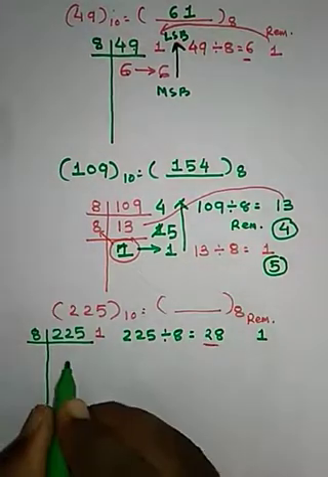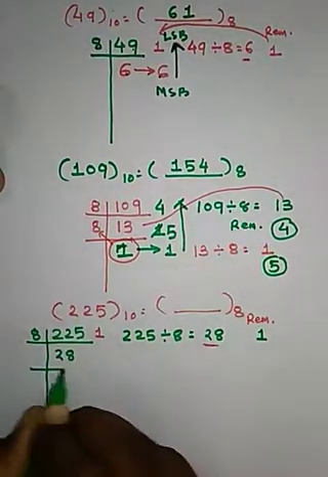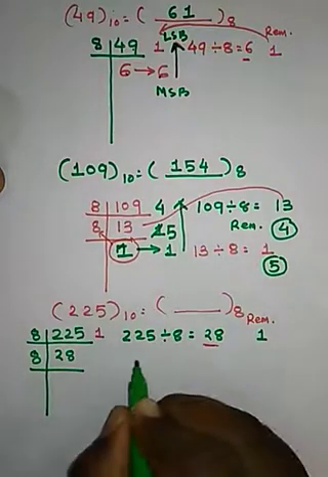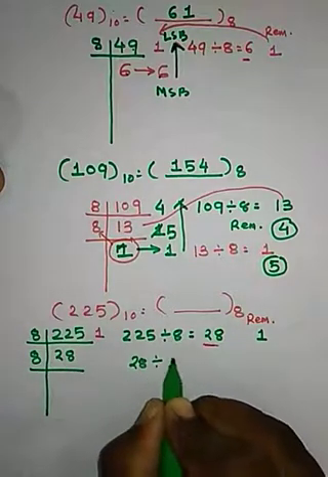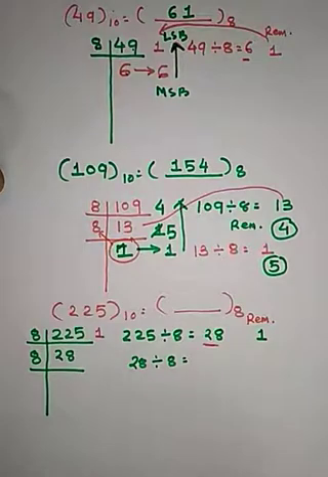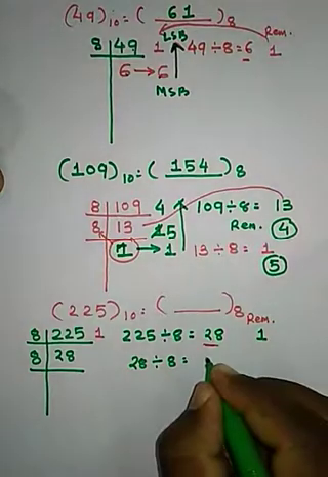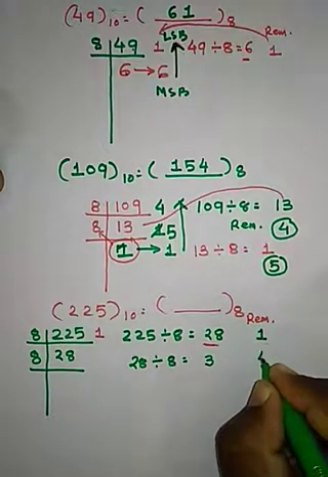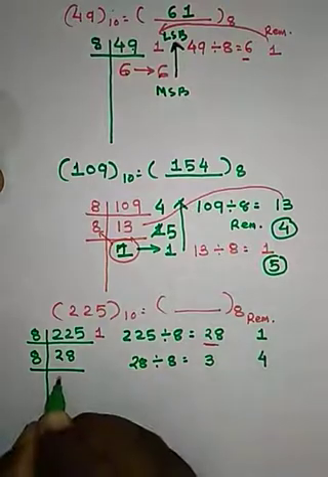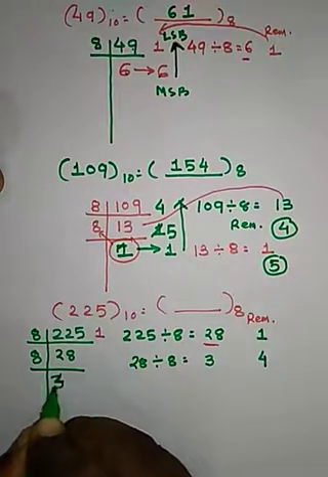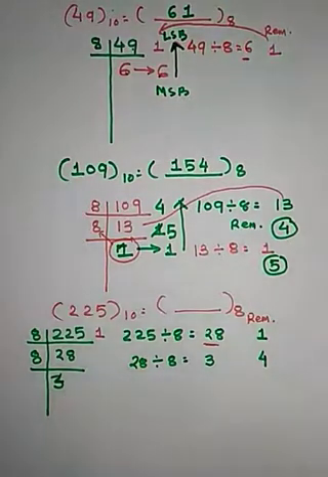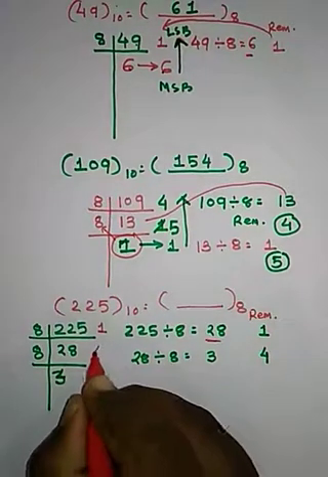Okay, this 28 to be written at here. So put here 28. Here is a 8. Again 28 divided by 8. કેટલા આવશે? 3. What is the remainder? 4. So here is a 3, here is a remainder 4.